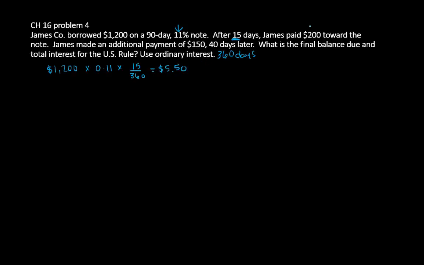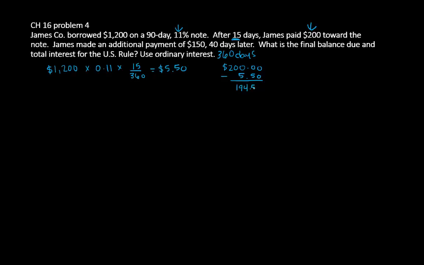So another thing to note here is that James paid $200. Well, what happens with that payment is usually you take out the interest first, and then what remains applies to the principal. So we're going to take the $200 here, subtract out the $5.50, because that's the interest, and we're going to get $194.50.